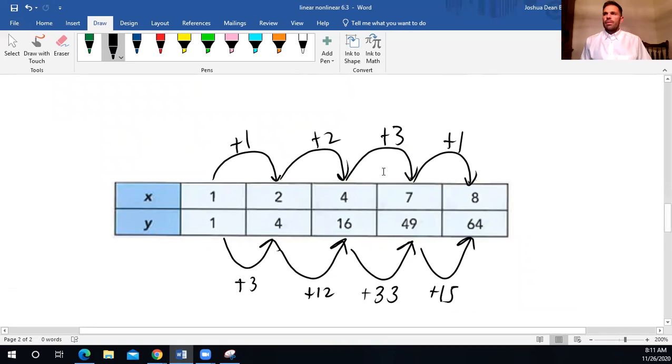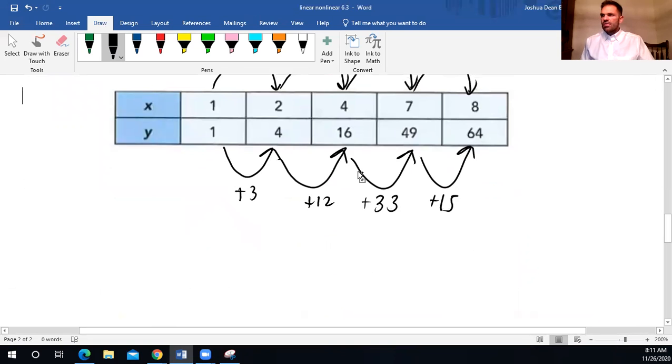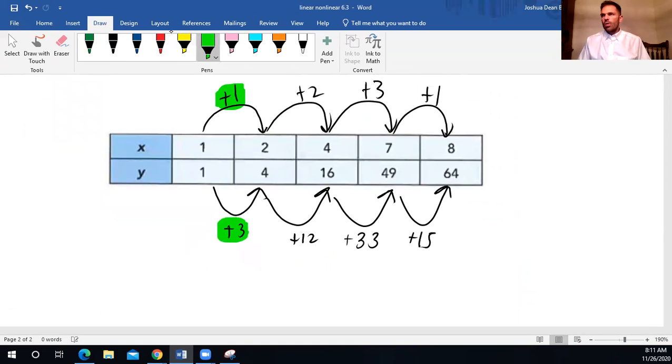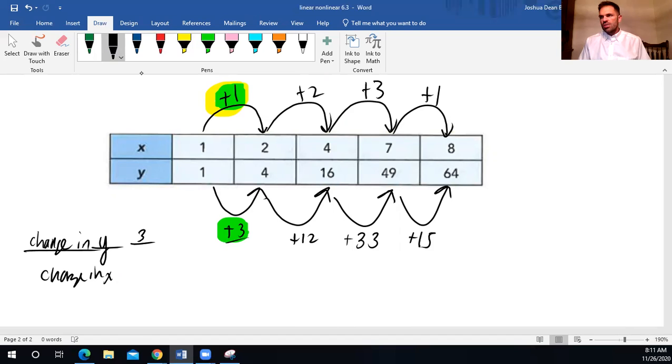Okay. Now we want to know, does each of these have a constant rate of change? So we'll check 1 and 3. And hopefully at this point, you can think to yourself, okay, this is the change in y over change in x. So my change in y is 3 over my change in x is 1.